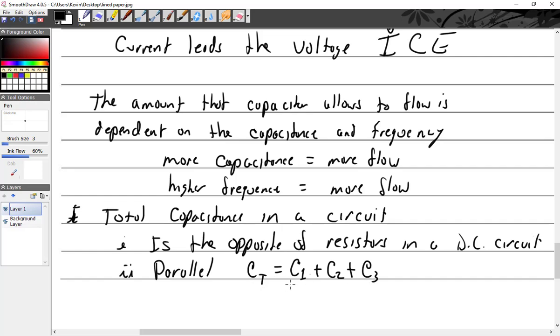This is the formula for resistors in series. But in capacitors, it's the opposite. And in series, it is C total equals 1 over (1 over C1 plus 1 over C2 plus 1 over C3).